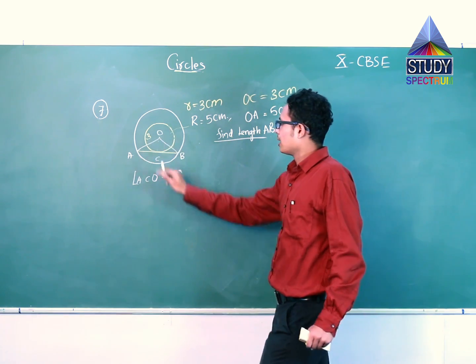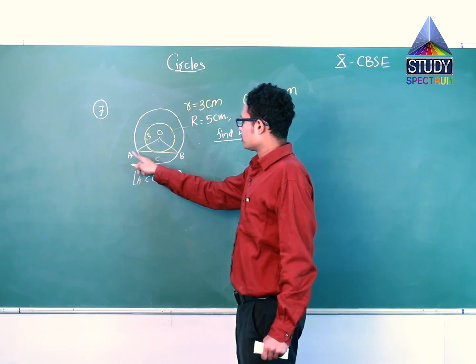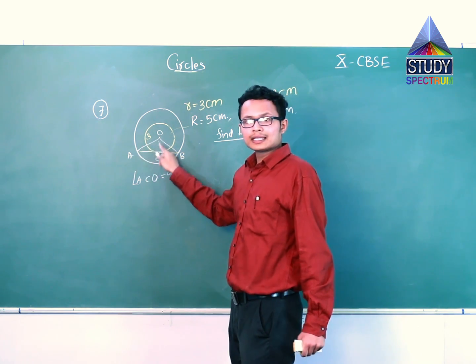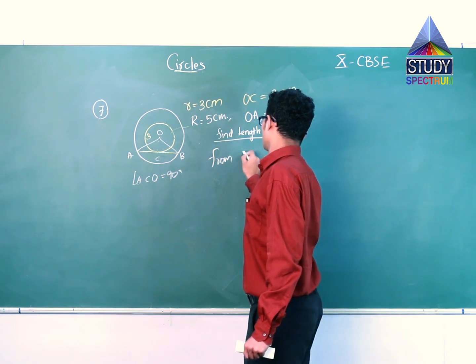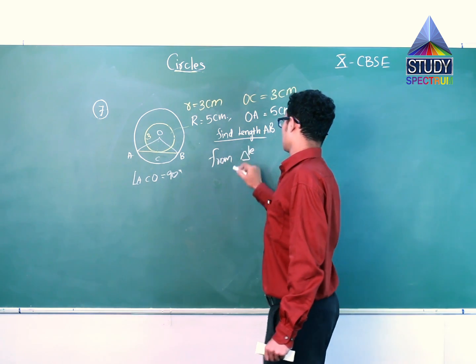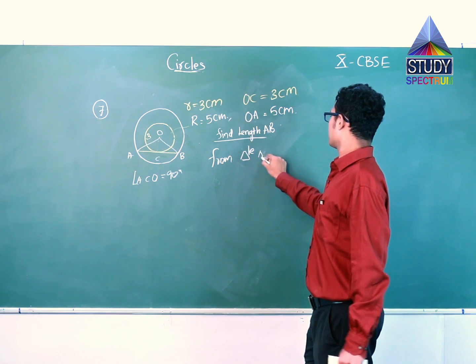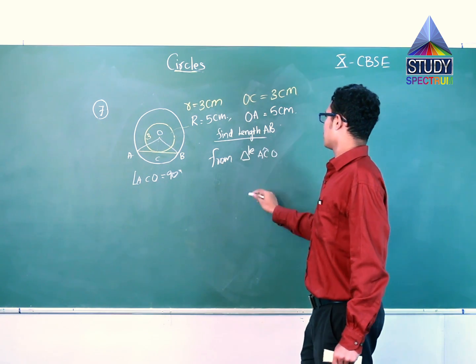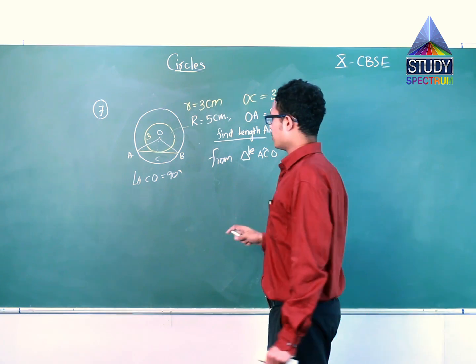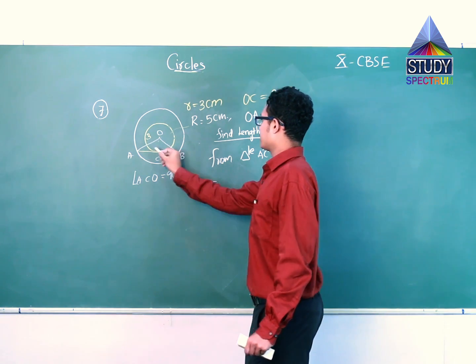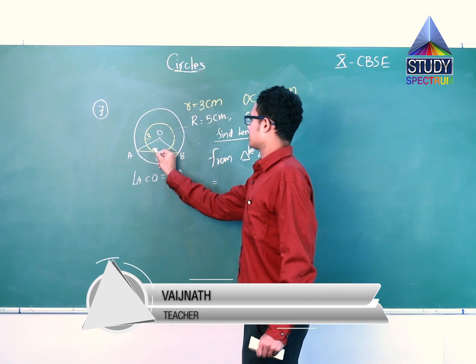So I can apply Pythagoras theorem to triangle ACO. Hypotenuse square is equal to base square plus perpendicular square. Now this is at right angles, you have to mind it.